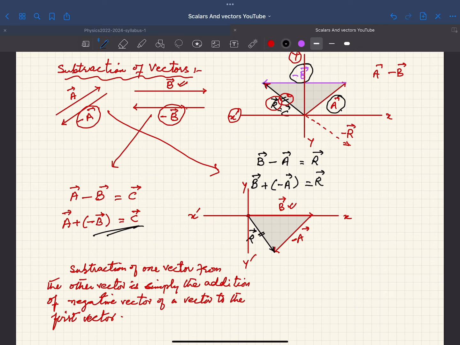These are two possibilities, and we can see that the resultant vectors are in just the opposite direction when we have the opposite operation. That is, A minus B and B minus A, the resultant will be just opposite to each other. So this is what we have as far as the subtraction of vectors is concerned.